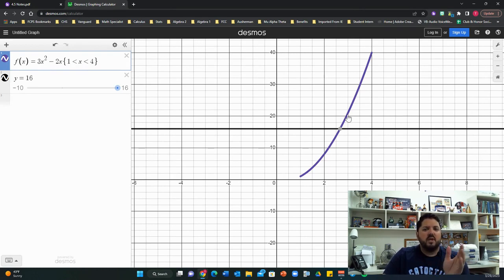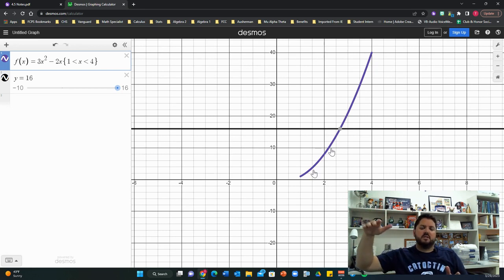So what we have to account for is how quickly or slowly the y values are changing. Looking here at the beginning of the interval, the graph is not as steep as it is at the end, which means the graph spends more time, and when we think of time, we're talking about our x interval, below those upper values above 16. It does not increase to those values as quickly as it does in the end part of the interval.